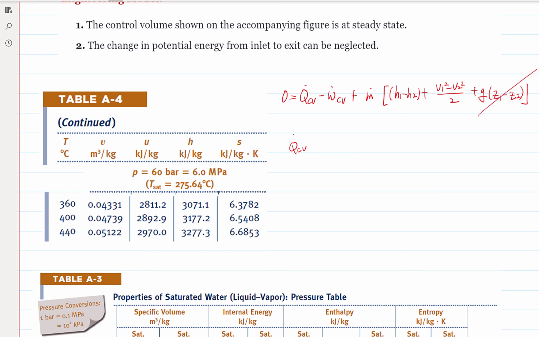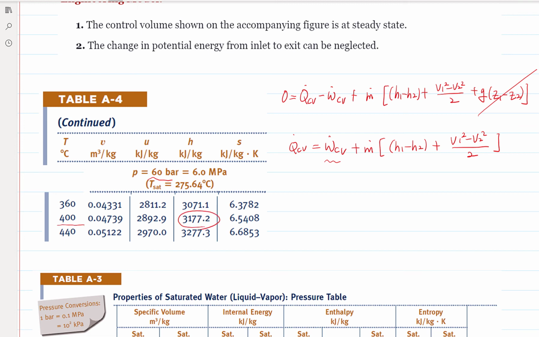We want to solve it for Q dot. We know the work produced by the turbine and the velocity at the inlet and outlet. And we can fix the state at the inlet and outlet, so we can determine the Q dot. At the inlet, pressure is 60 bar, temperature 400 degrees Celsius.